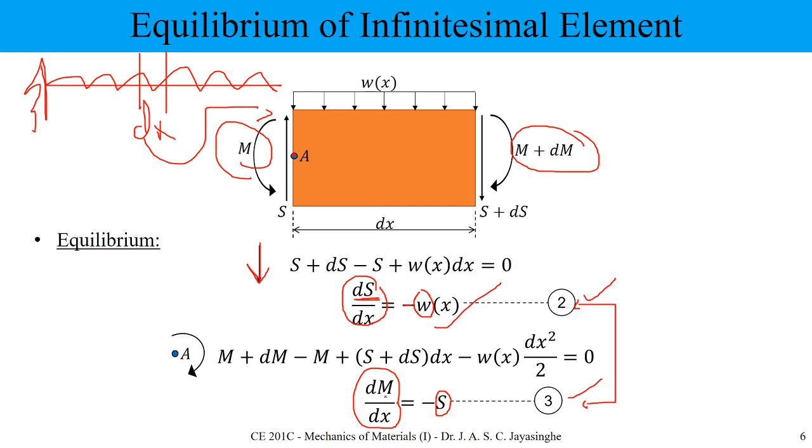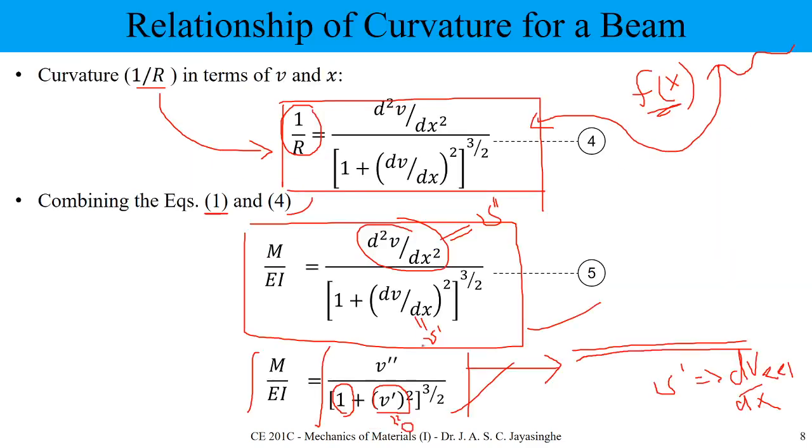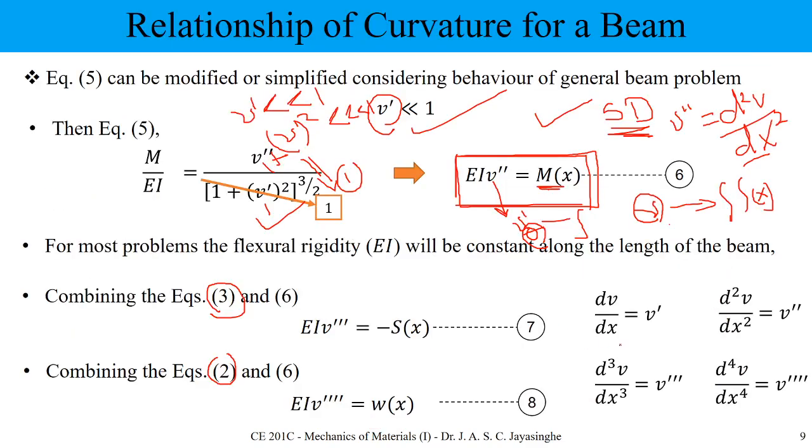We know the equation for bending moment, and you can convert that equation to a relation with your deflection, and deflection related to shear force. You can shift here and create an expression for your deflection variation with load intensity. This is the same thing we are doing: going to equation number 3, and you will end up with this equation.